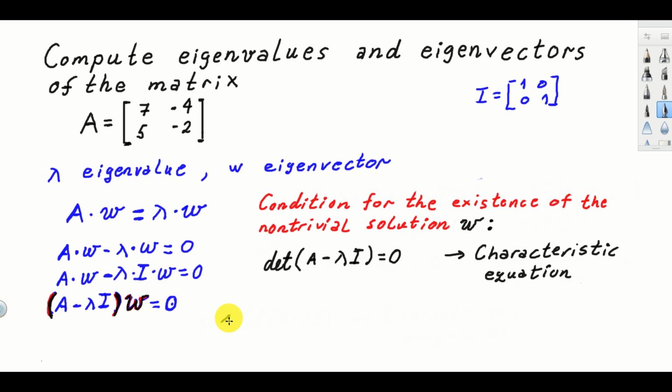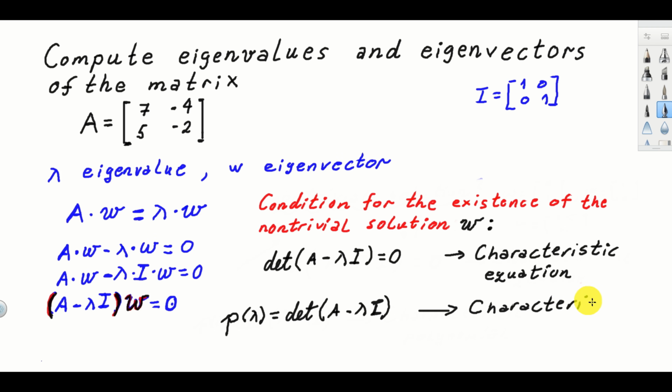Over here, I will write this polynomial. P of lambda, meaning that the polynomial depends on lambda, is equal to the determinant of A minus lambda I. And this polynomial is called the characteristic polynomial.